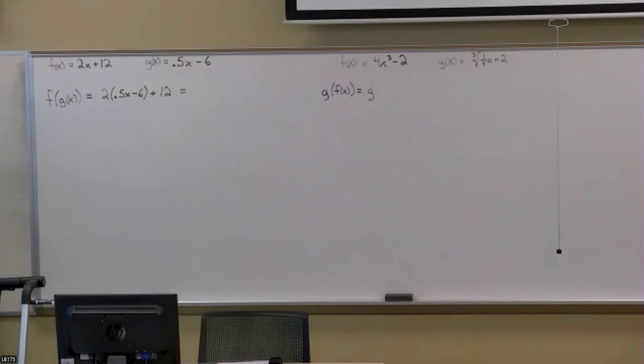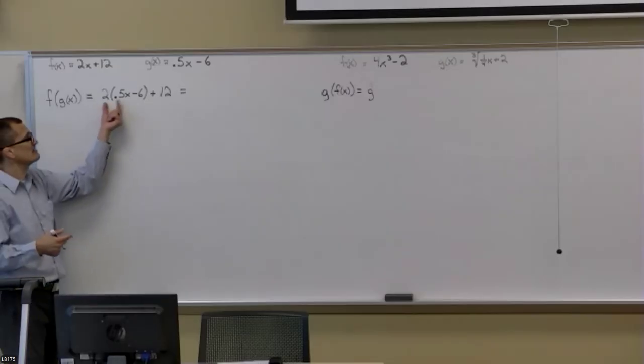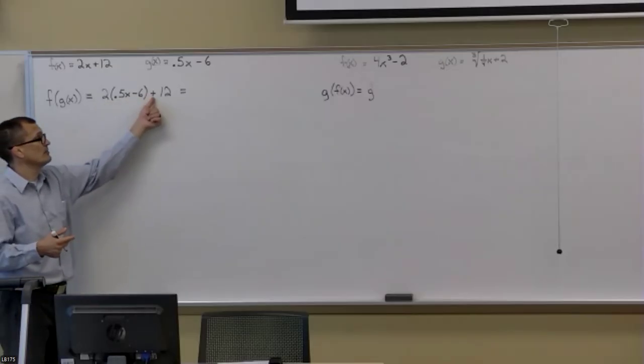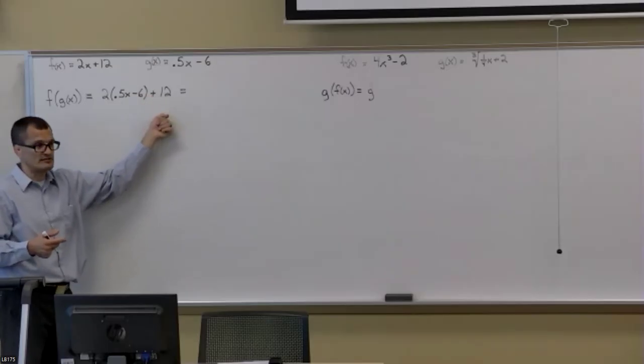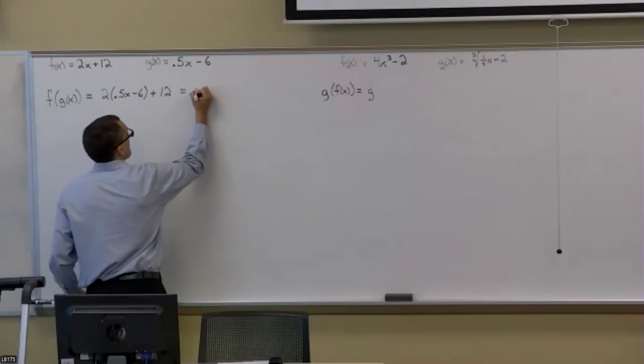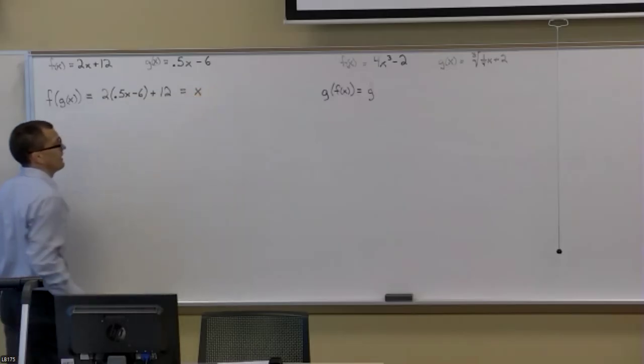Okay with me doing that? And then when I distribute the 2, this is going to give me x minus 12 plus 12, which is just x. So I get x when I compose that way.